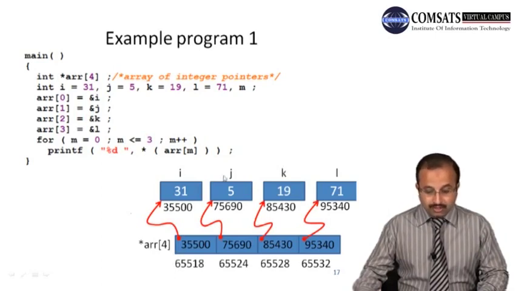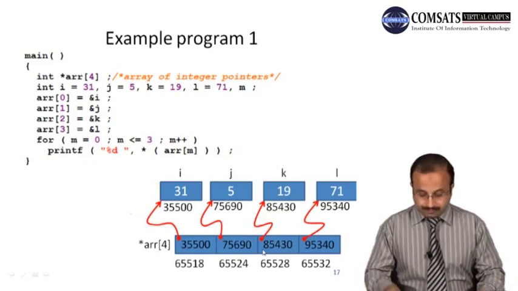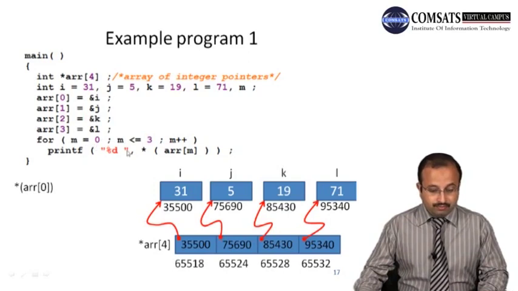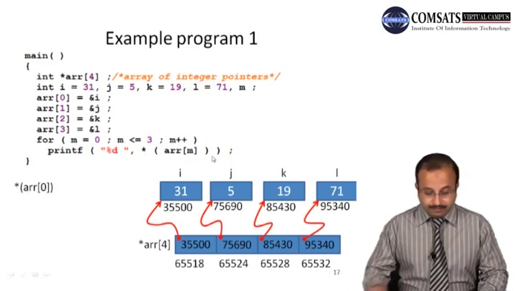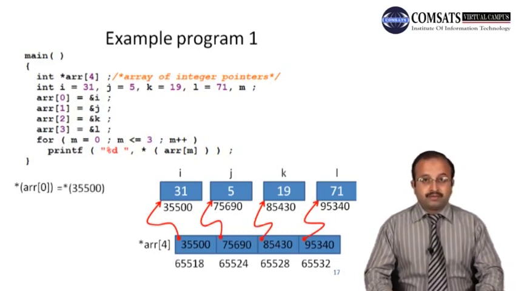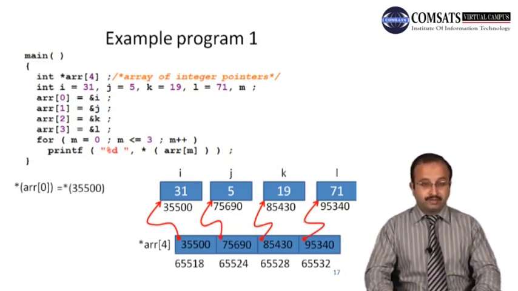Now using a loop you can print this value. Now the values of i, j, k, l, using this array you can print those values. How? When the value of m is 0, we have ARR[0], so *ARR[0]. Now ARR[0] is 35500, right?